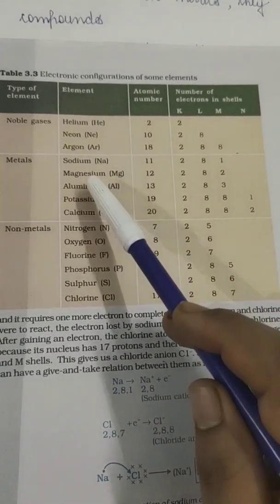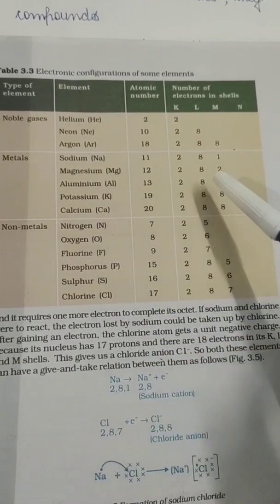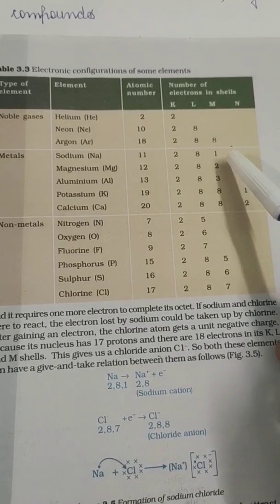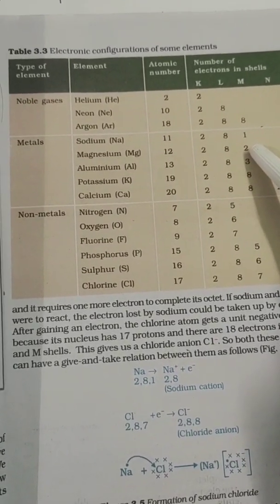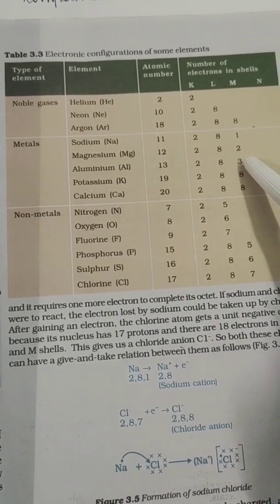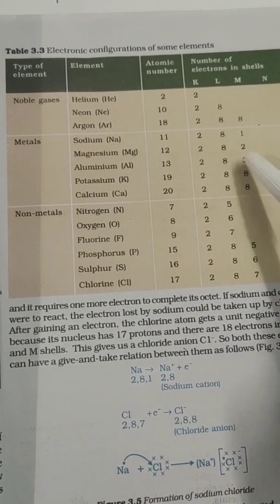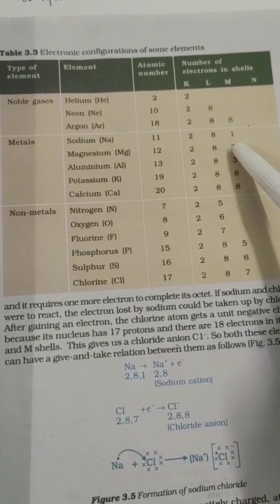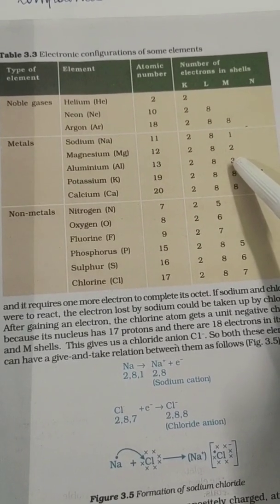Sodium, magnesium, aluminium and potassium have 2 and 8, so 1 is extra here. In the case of magnesium, 2 are extra, and in the case of aluminium, 3 are extra. No element is going to give 7, 6 or 5 electrons to these metals.